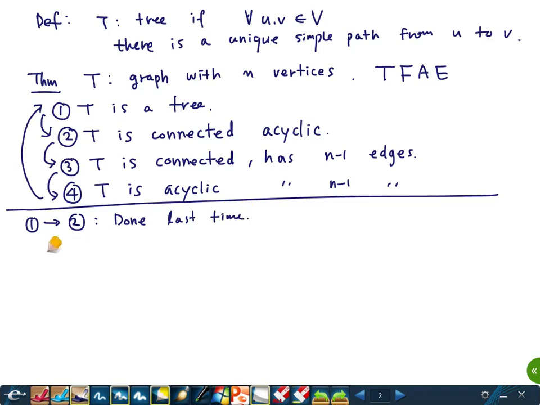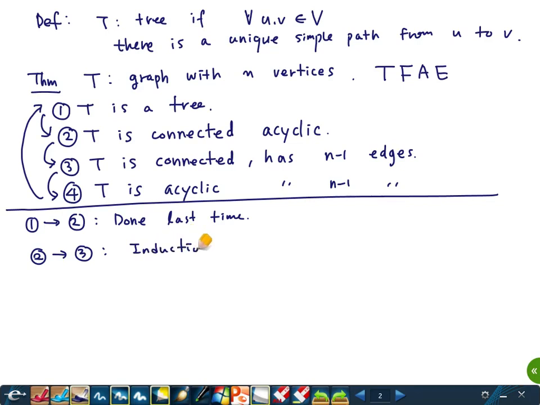So we will do 2 implies 3. If T is connected and acyclic, then it is connected and has n minus 1 edges. Because it's already connected, we need to show that it has n minus 1 edges. So induction on n.